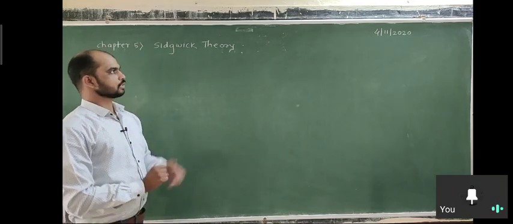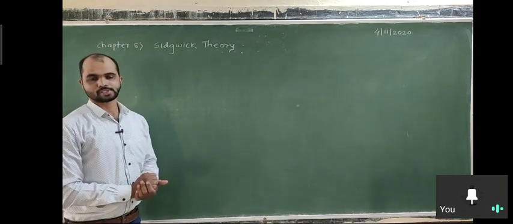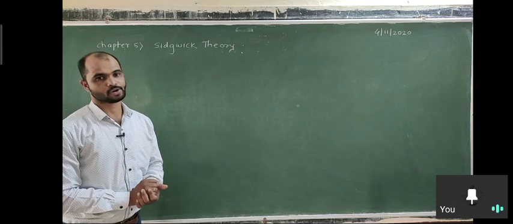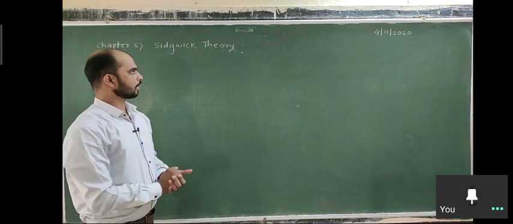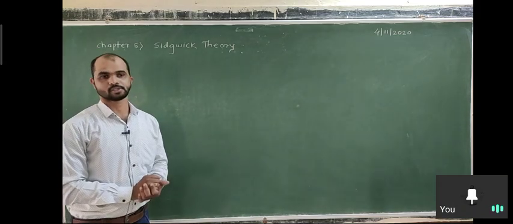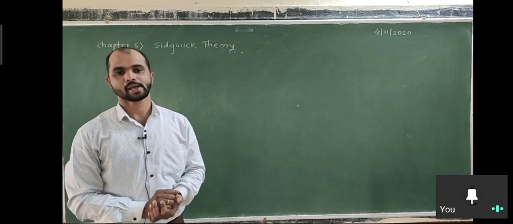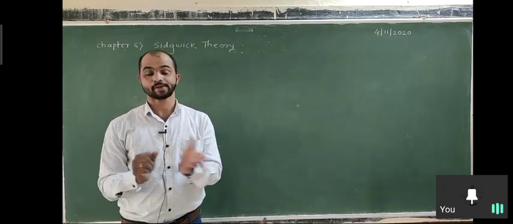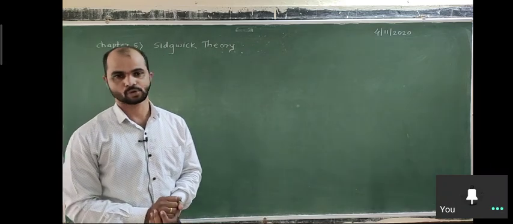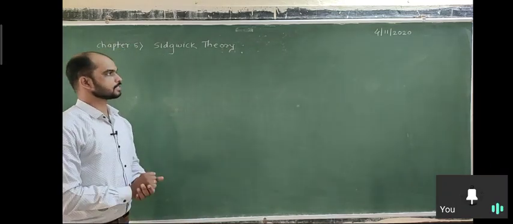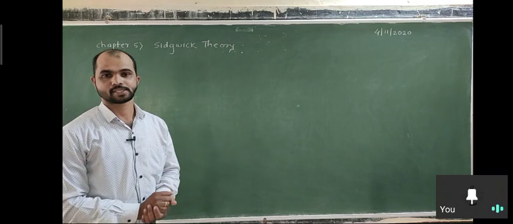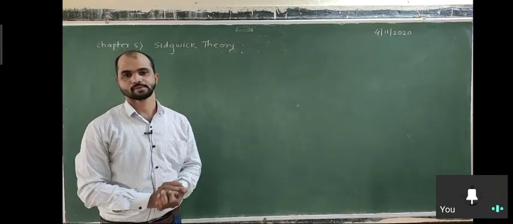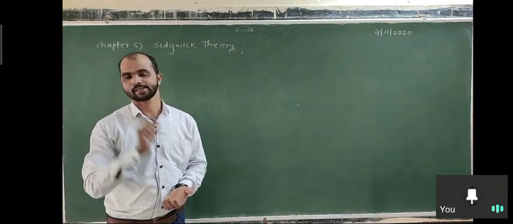Werner proposed the coordination theory, and according to Werner's assumption, coordination complexes have two types of valencies, primary valency and secondary valency.